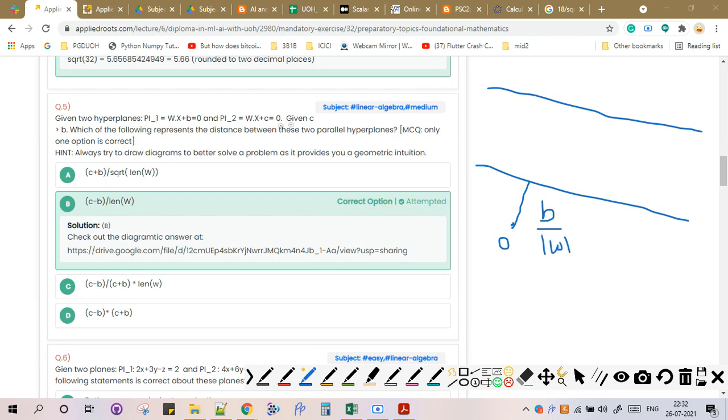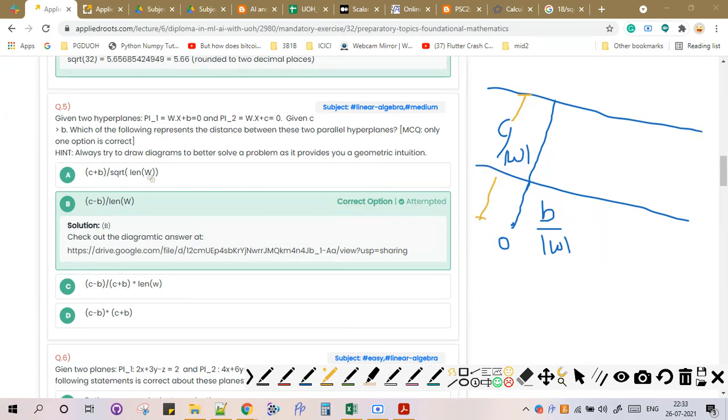For the second hyperplane, the distance would be c divided by mod w. This is the full distance from here to the origin.